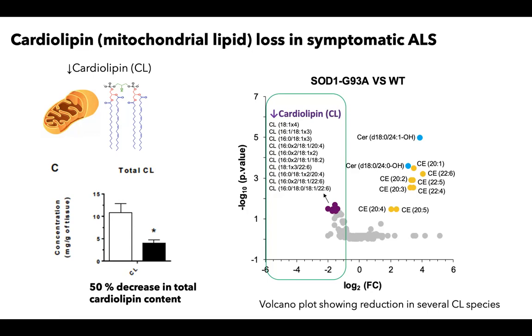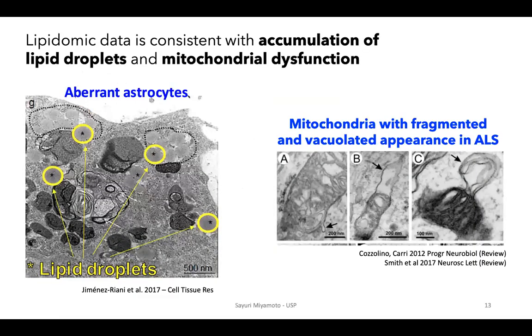So both these data, cholesterol ester accumulation and cardiolipin loss, are consistent with the accumulation of lipid droplets that has already been reported in other studies using the ALS rat model.